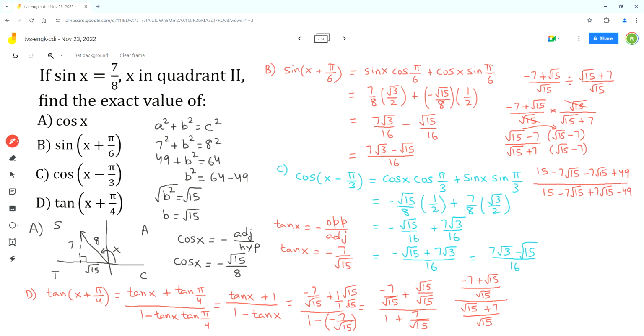Now we can combine the like terms in the numerator. 15 plus 49 is equal to 64. Negative 7 square root of 15 minus 7 square root of 15 is equal to negative 14 square root of 15. In the denominator, we can cancel out negative 7 square root 15 and positive 7 square root 15. 15 minus 49 is equal to negative 34. In the next step, we can move the negative sign to the front of the fraction.